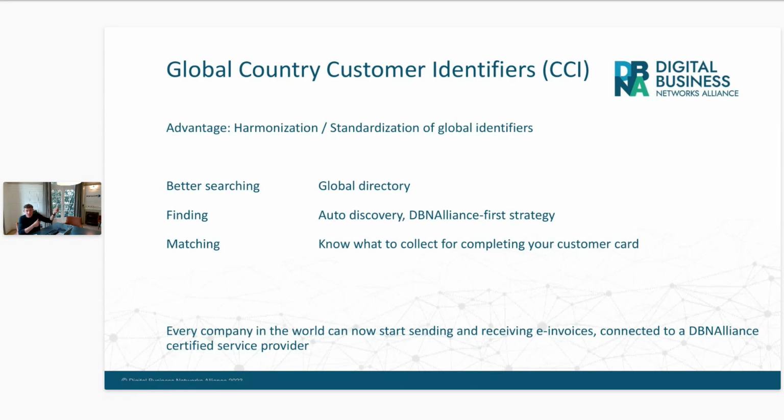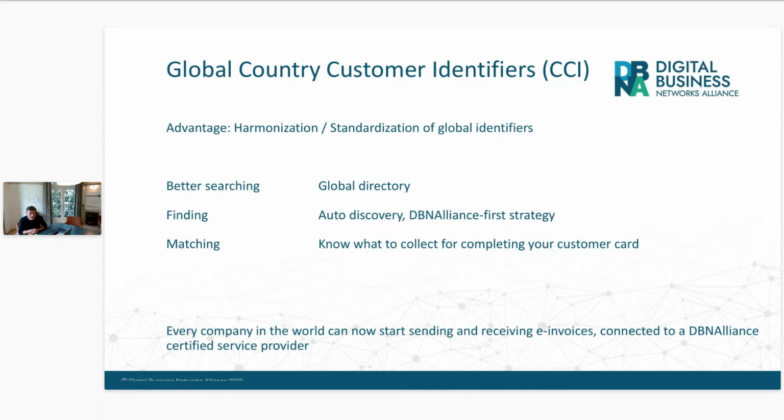Why do I see my supplier as on the network, but why am I not receiving? That means that the supplier decided that they wanted to tick the box before they sent, but that's not the way of working of an open exchange network. So that's why we say DBNAlliance first strategy, if you implement it, is really important.